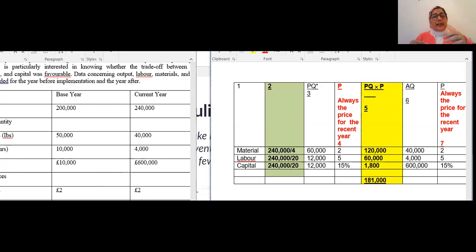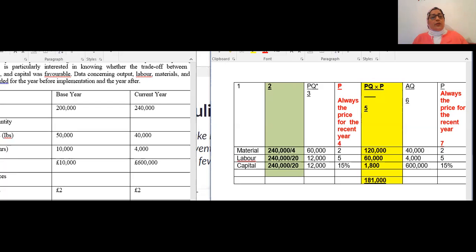So the rule is to use the prices for the recent year, which means you have to use the prices of this column. That's for the current year, or the existing year, or the recent year, because the question might not say base year and current year; it might say last year and this year. But the rule is you use the prices for the recent year.